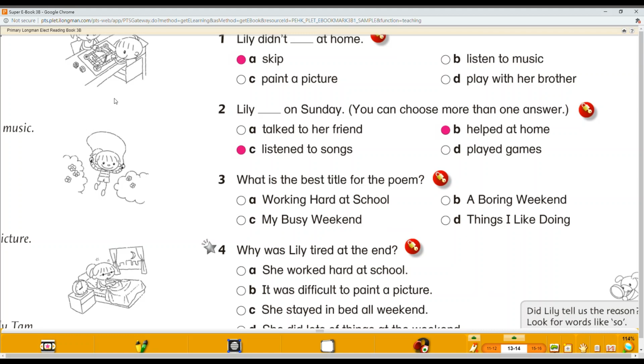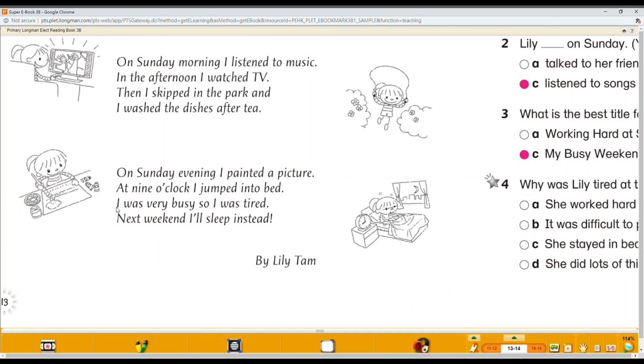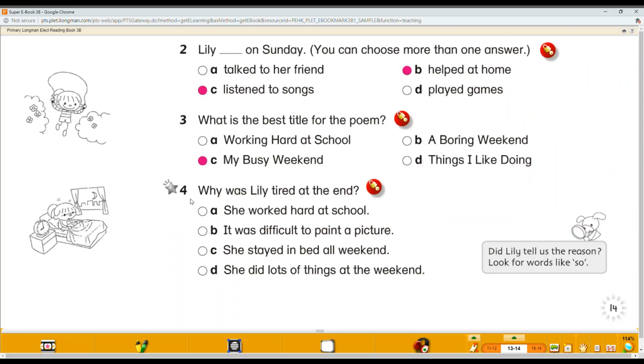Well, she didn't mention she liked doing these things very much, and she prefers sleeping. So the answer should be 3C, my busy weekend. The conclusion here, I was very busy, so I was tired. Next weekend I'll sleep instead. Can you follow?